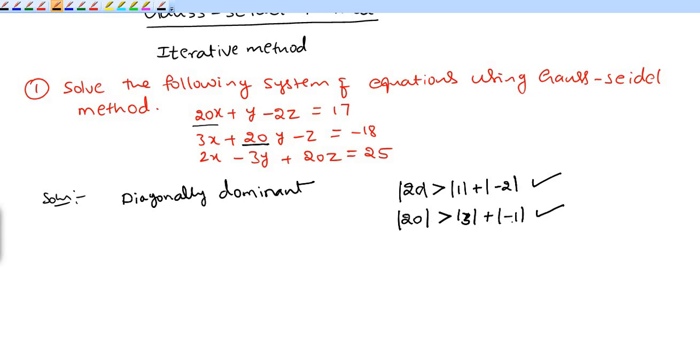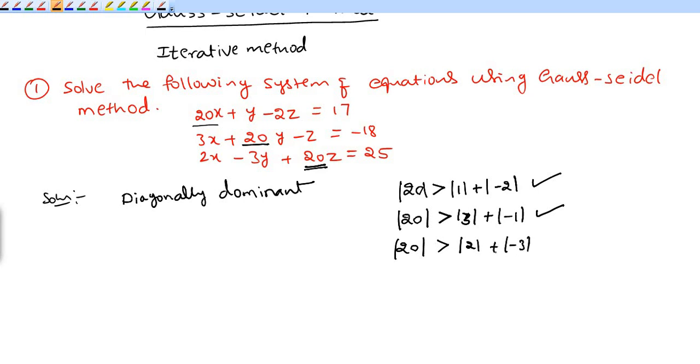This is also true. The third equation, look at the principal diagonal element. This is 20. Again this 20 should be greater than the coefficients of x and y, that is 2 plus modulus of minus 3.